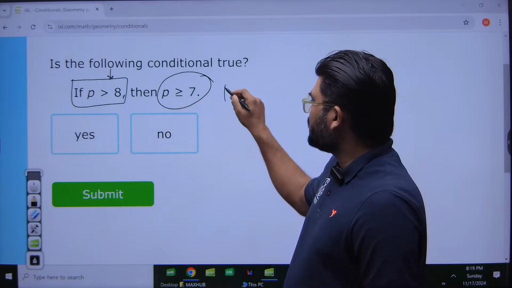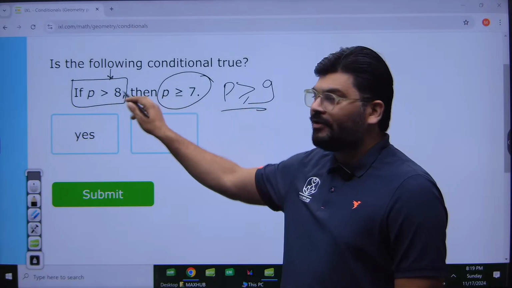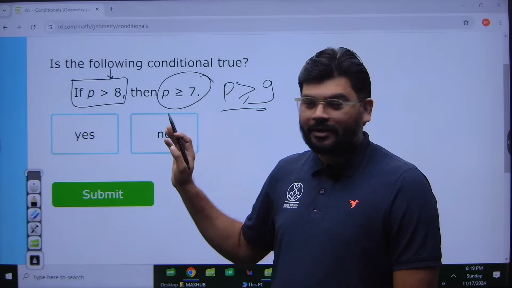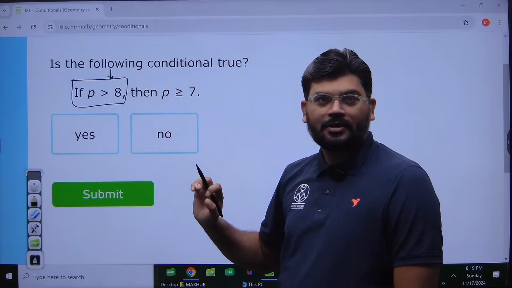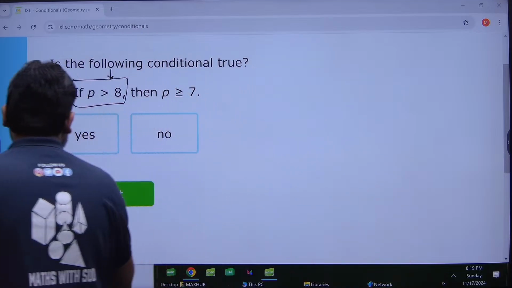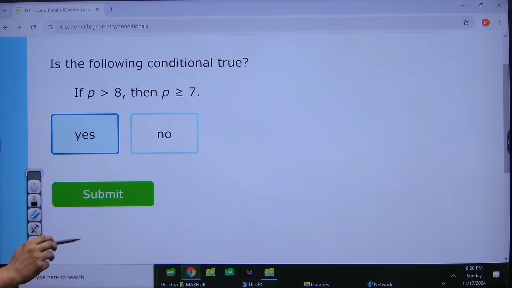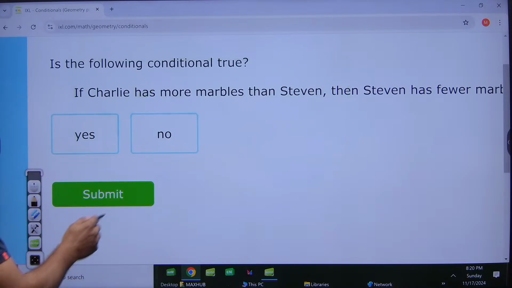If the question was like this, greater than 9, then we can have a number 8.5 which is less than 9. It is not greater than 9. But the other number which they are giving is already less than 8. That means this condition is true for all the numbers. Are you getting it? Yes, sir.